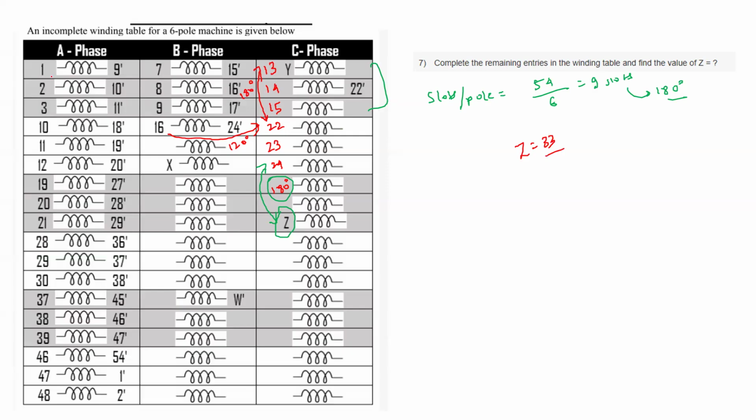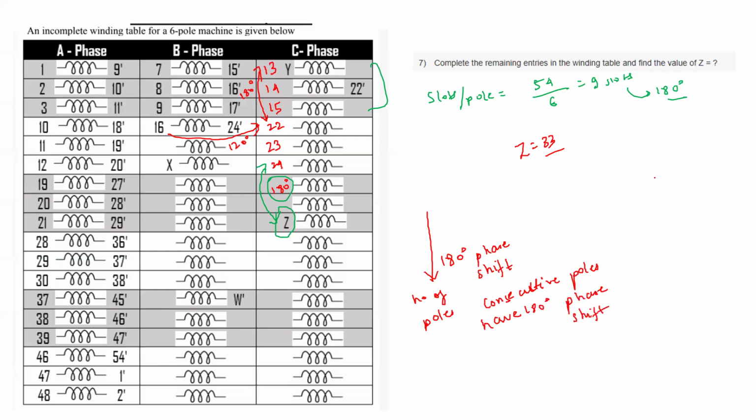You have to know that if you're going along this axis, this is a 180-degree phase shift, because on this axis you have the number of poles, and we know that consecutive poles have a 180-degree phase shift.